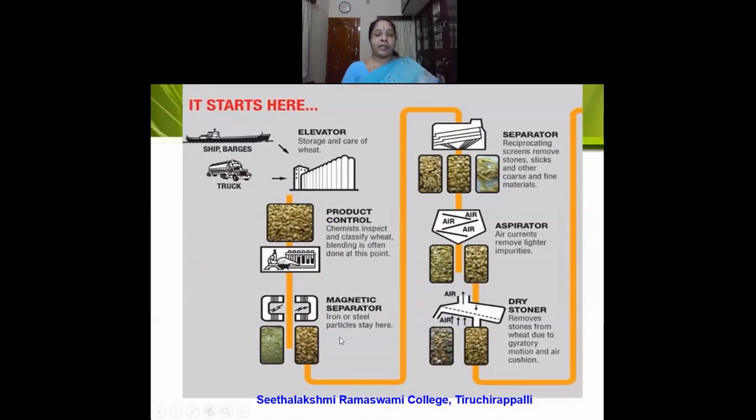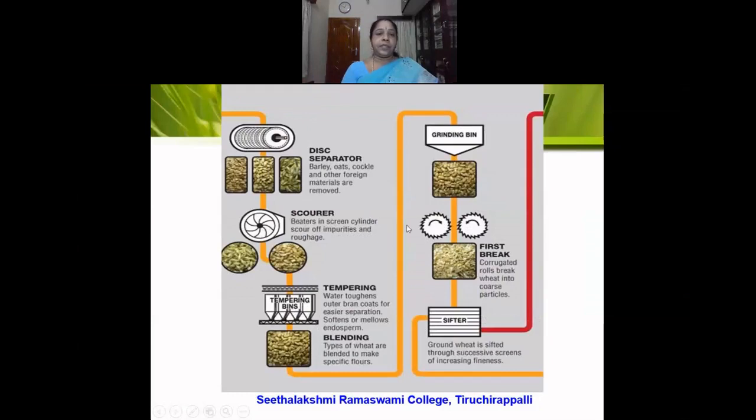The magnetic separator is used to remove the metal particles, and then it goes through a separator where the impurities are removed. It goes through the aspirator where the light particles are removed, and then the stoner where the stones are removed. Here the disc separator removes the other grains like barley, oats, etc. It goes to the scourer.